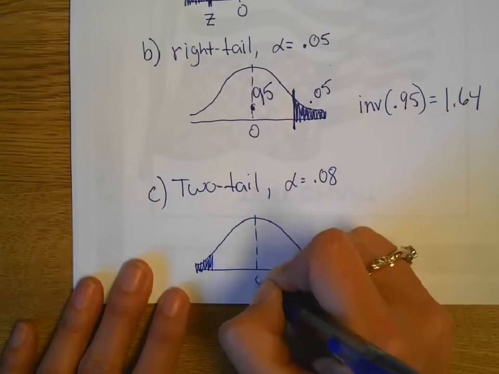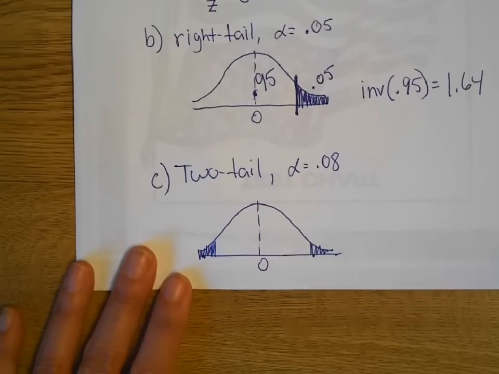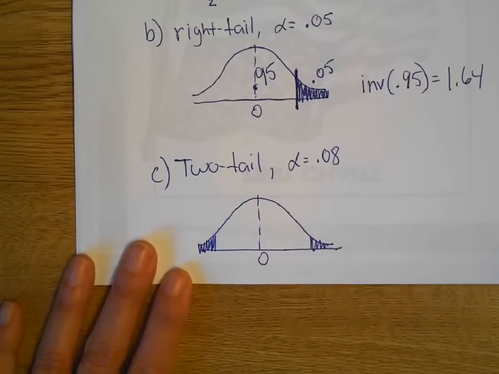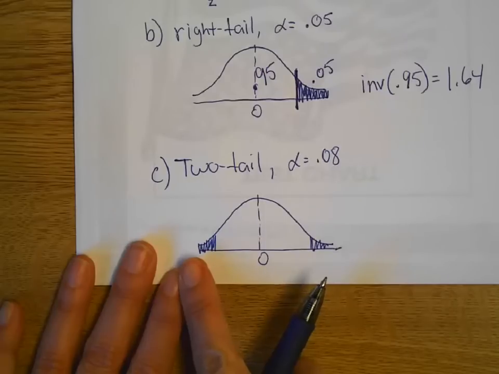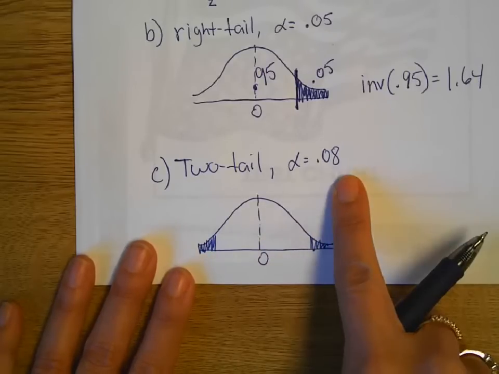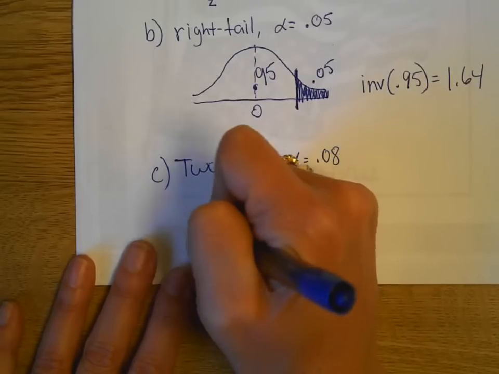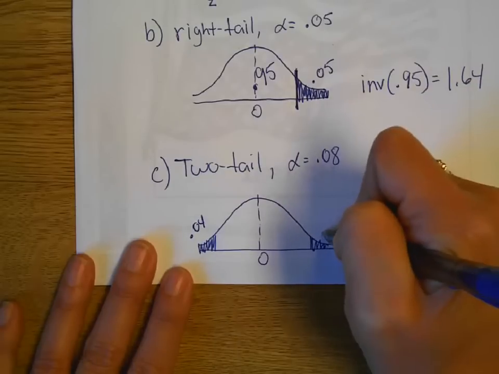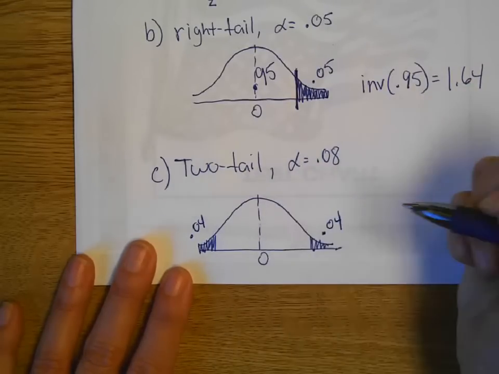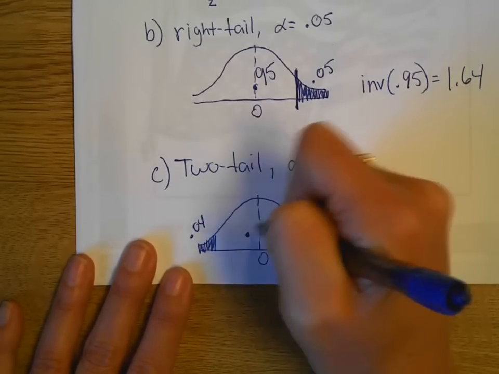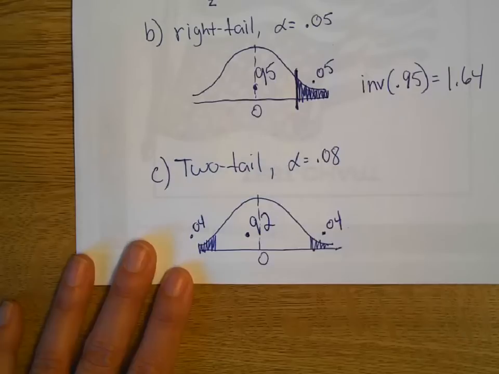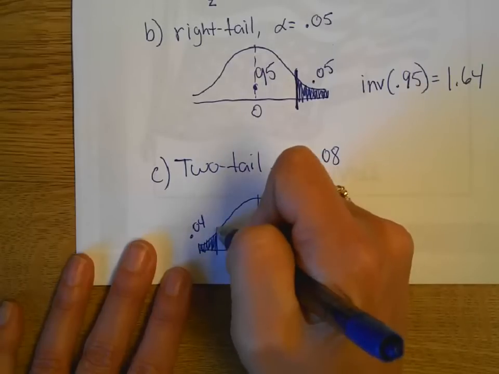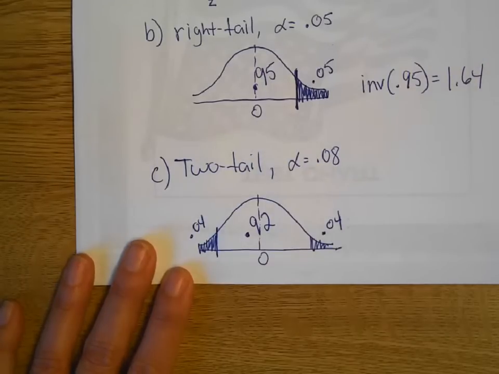How much is shaded in each one? 0.04, because you want a total rejection region of 0.08. So that puts 4% here, 4% here. What's in the middle? 92% in the middle. That's what I was talking about with the whole half. That's the two-tail. You're going to cut it in half. Yes.